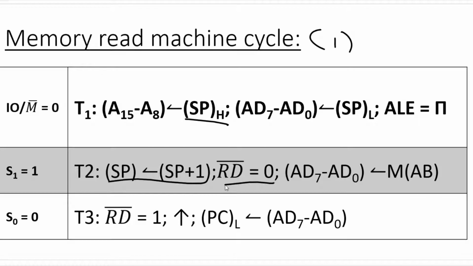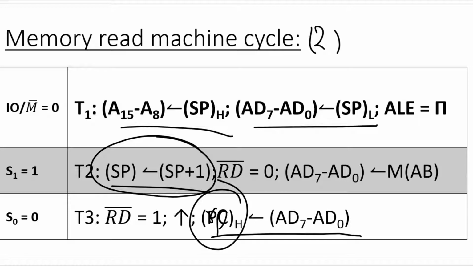But since we also have to read from the HL register pair, for now this data will be transferred to a temporary register, that is Z. In memory read machine cycle number 2, this data will be written onto a temporary register, that is W. Why are we doing this?